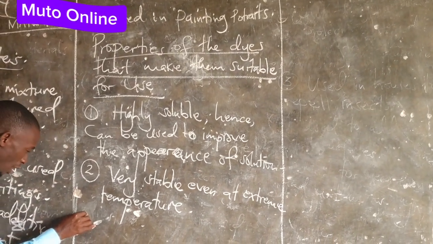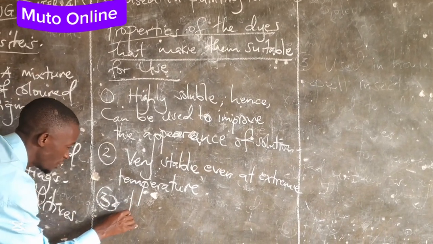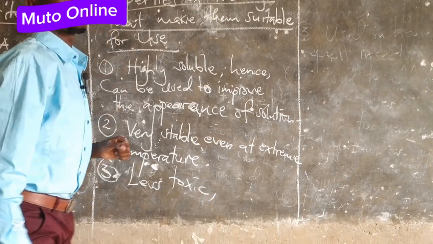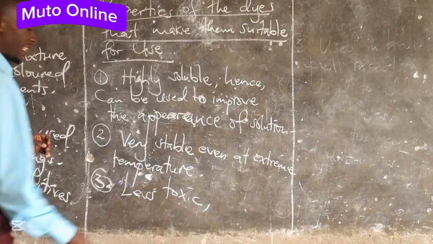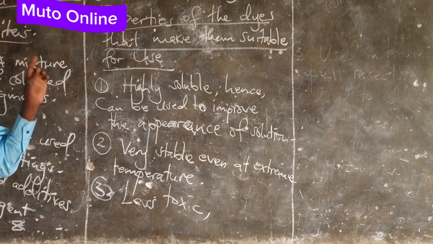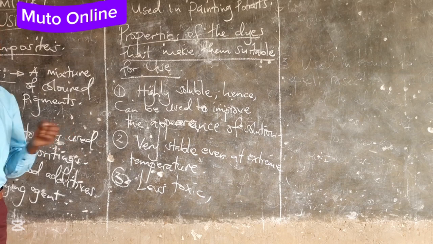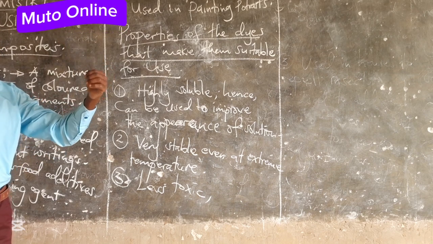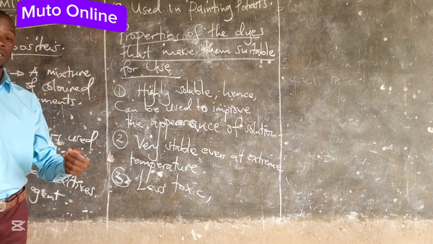Why do we use the dyes as food additives? The reason is, one, because they are less toxic. They are less toxic in the way that they do not affect the health of the user within a short period of use. Though there are challenges, there are some people who are allergic to them. Repeated use or long-term use of these dyes as food additives may result in allergic reactions.